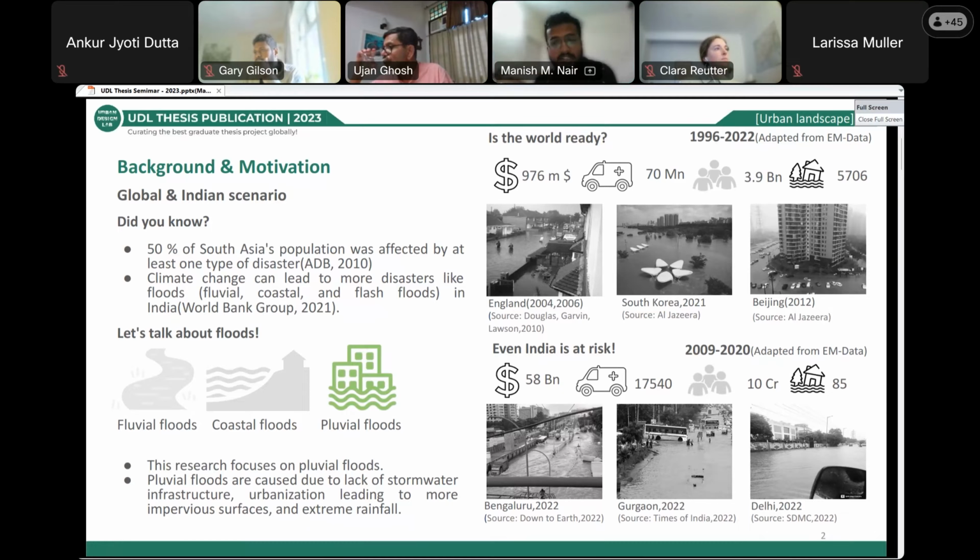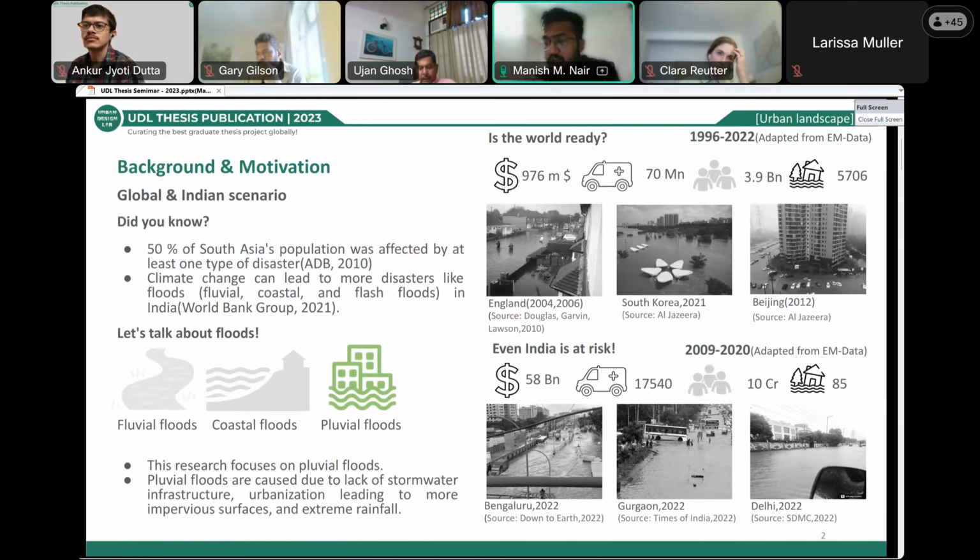So globally, various events have caused economic damages when city infrastructure is hit, and some case examples are England, South Korea, and Beijing where such events have occurred. Now, even Indian cities like Bangalore, Gurgaon, and Delhi can be seen at risk when such events are studied.